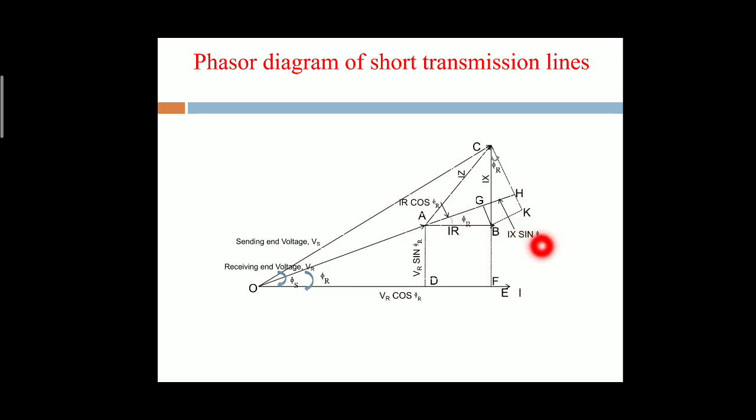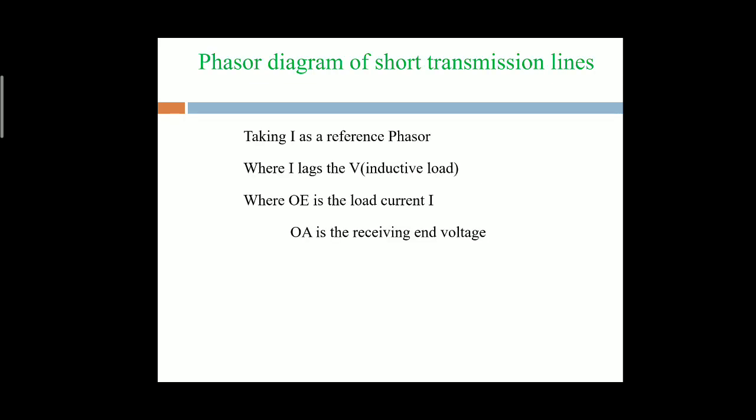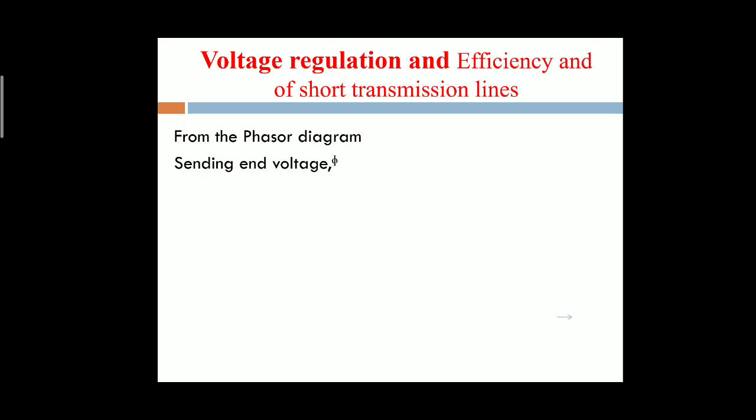GH is the Ix sin phi r. Therefore, Vs is approximately equal to OA plus AG plus GH, that means VR plus IR cos phi r plus Ix sin phi r.